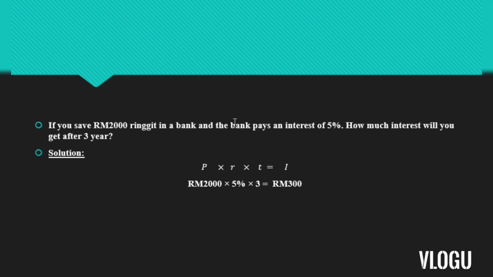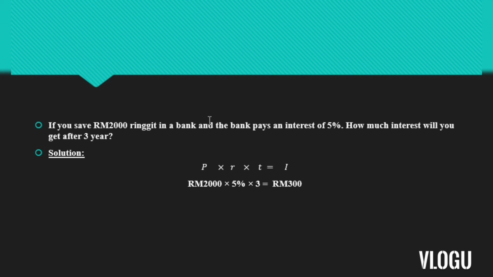So for the third question, if you save 2000 ringgit in a bank and the bank pays an interest of 5%, how much interest will you get after 3 years?